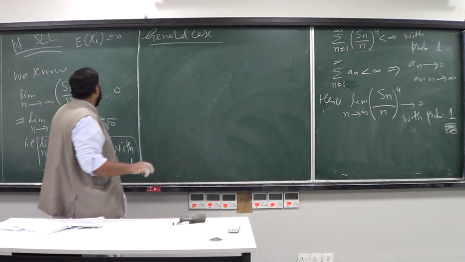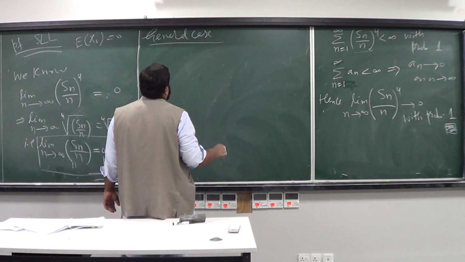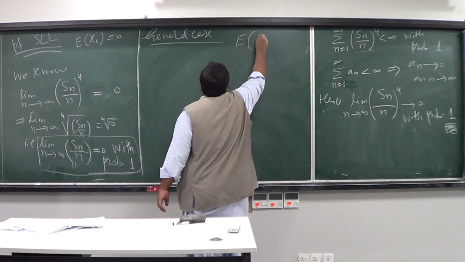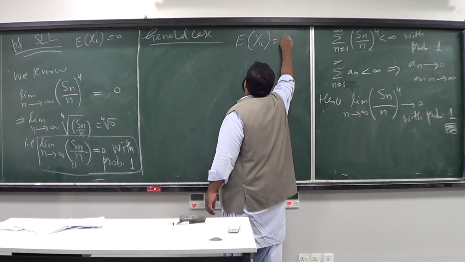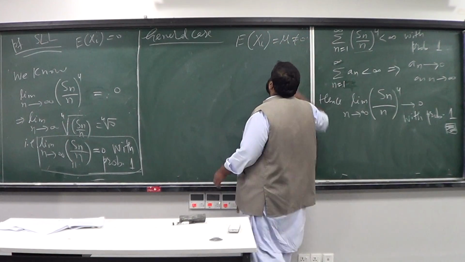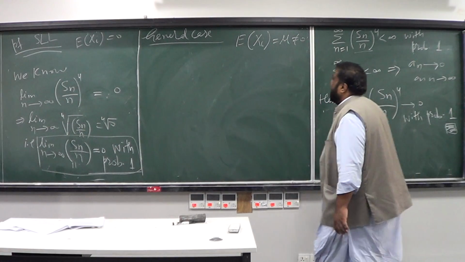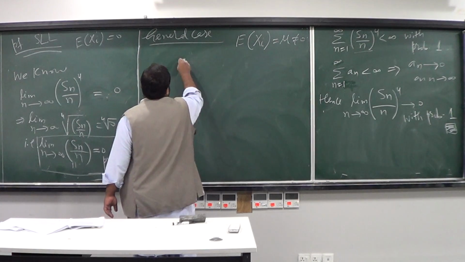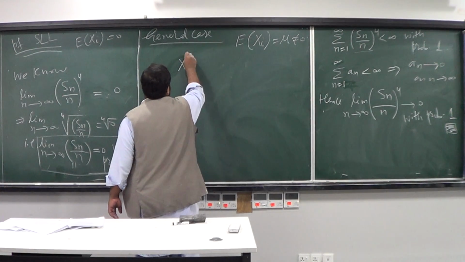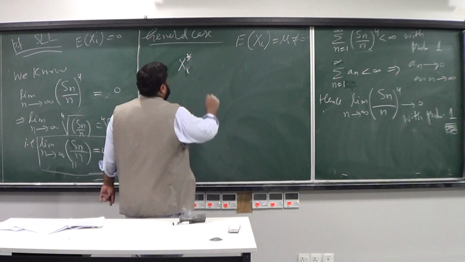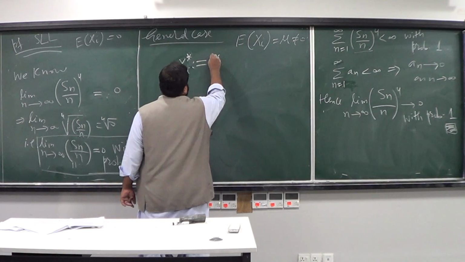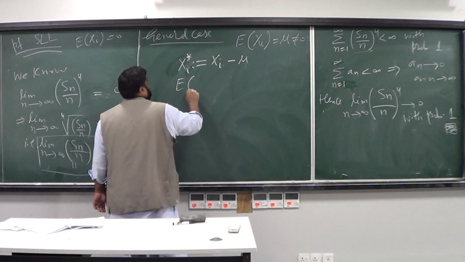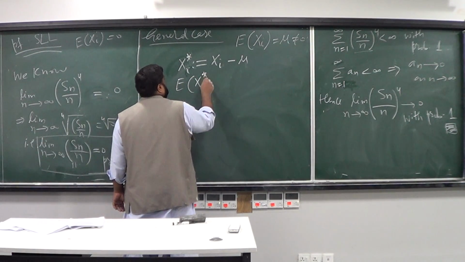How are we going to say it? We're going to say that now assume the expectation of xi is mu, but mu is not necessarily 0. Let's, using this xi, construct xi star. Define xi star to be xi minus mu. What would be the expectation of xi star?